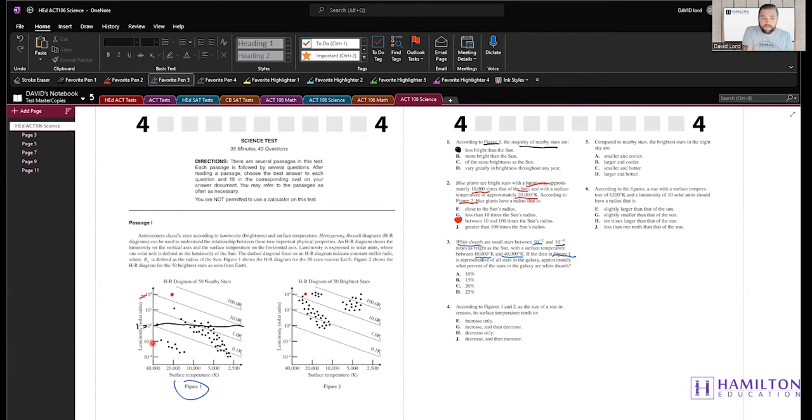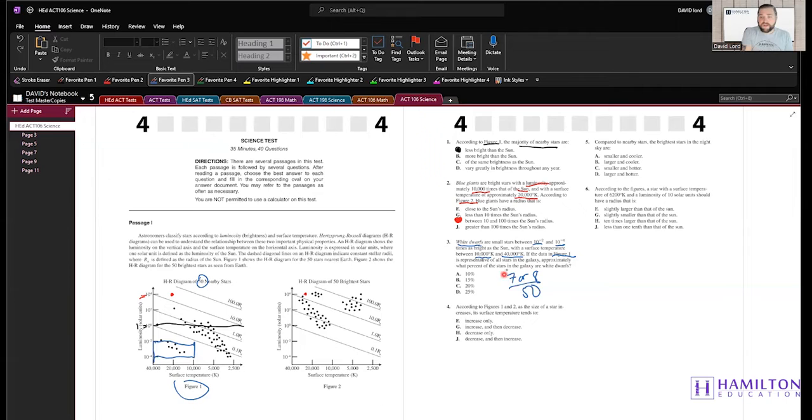Okay, so between 10 to the negative 2 and 10 to the negative 4, and between 10,000 and 40,000, we're looking at these number of stars, which is 1, 2, 3, 4, 5, 6, 7, maybe 8. So we have 7 or 8 stars out of 50. I know it's out of 50 because it said there are 50 nearby stars, so you didn't have to count up all the dots.